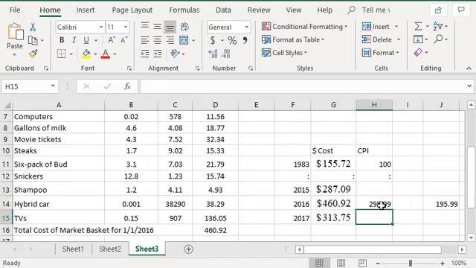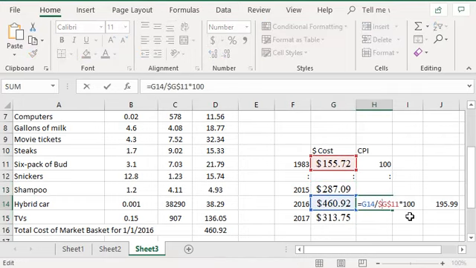Okay. Now, remember, I already calculated the CPI for 2016 by taking the dollar cost in 2016 and dividing by the dollar cost in 1983. And I F4'd the cell here. I froze it, right? The dollar sign here says freeze the column G, and then the dollar sign here says freeze the row 11.